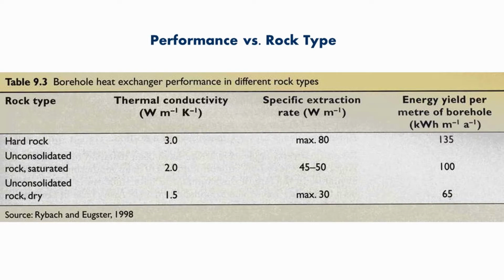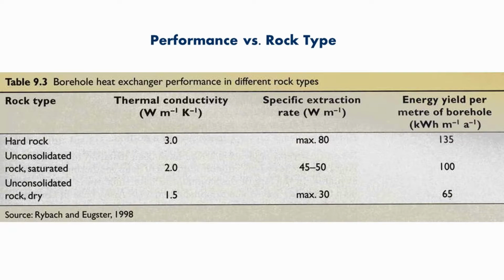So the performance versus rock type. You have here hard rock, where the thermal conductivity is quite good, and you have an extraction rate of a maximum of 80 watt per meter, meaning an energy yield per meter of borehole of 135 kilowatt hours per meter per year.